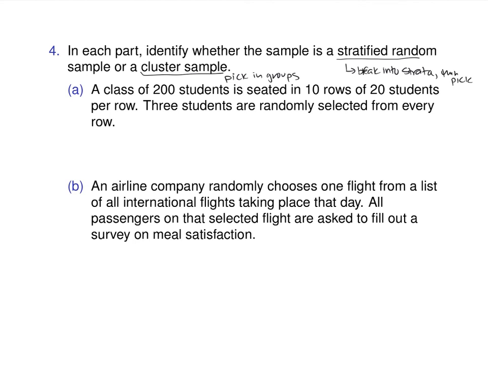So this one, because it's 3 people being picked from each row versus a few random rows being picked in their entirety, this is a stratified random. The rows are your strata.